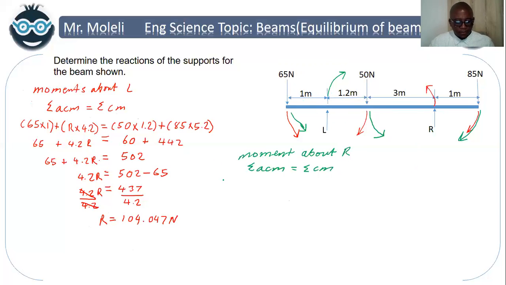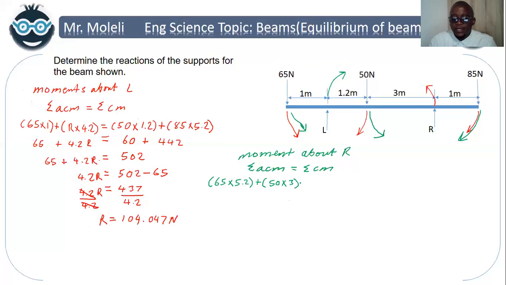So anti-clockwise, we have 65 multiplied by 5.2, plus 50 multiplied by 3.